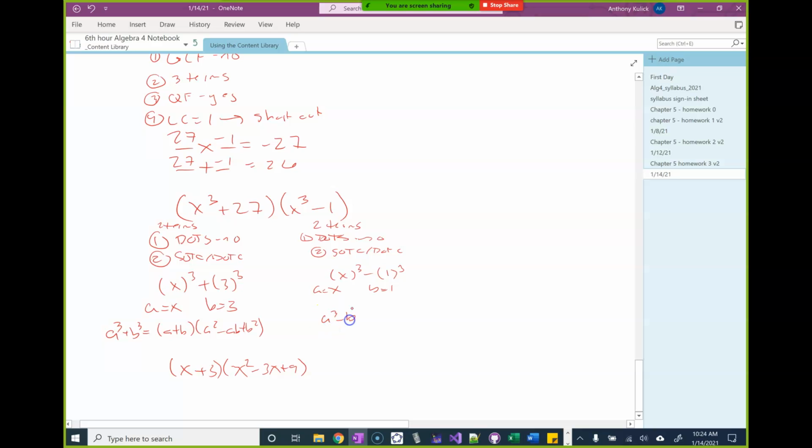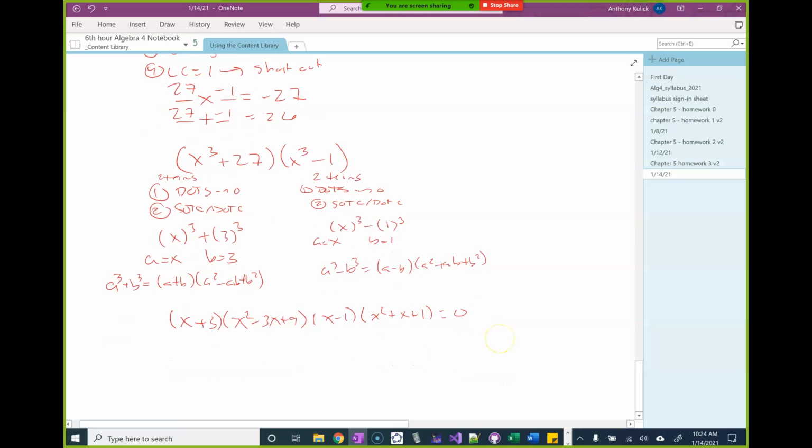So when I fill those in, I get x minus 1 times x squared plus x plus 1, and all that is equal to 0. I know that's fully factored because what I have are linear terms, and the quadratic pieces are from the sum or difference of two cubes. So I can apply the zero product property to set each of those pieces equal to 0 and solve them each separately.